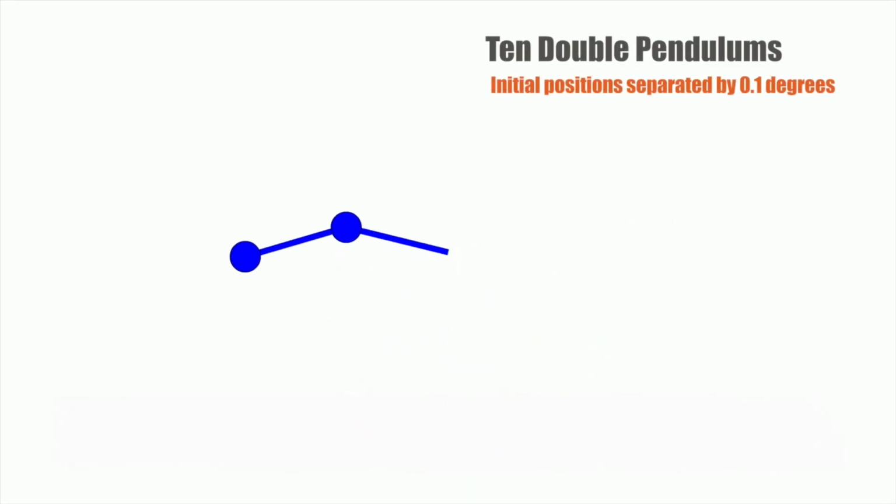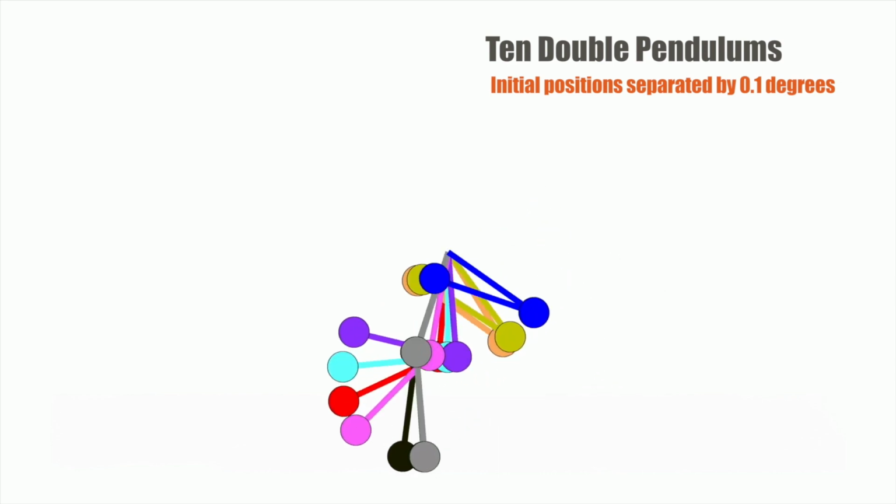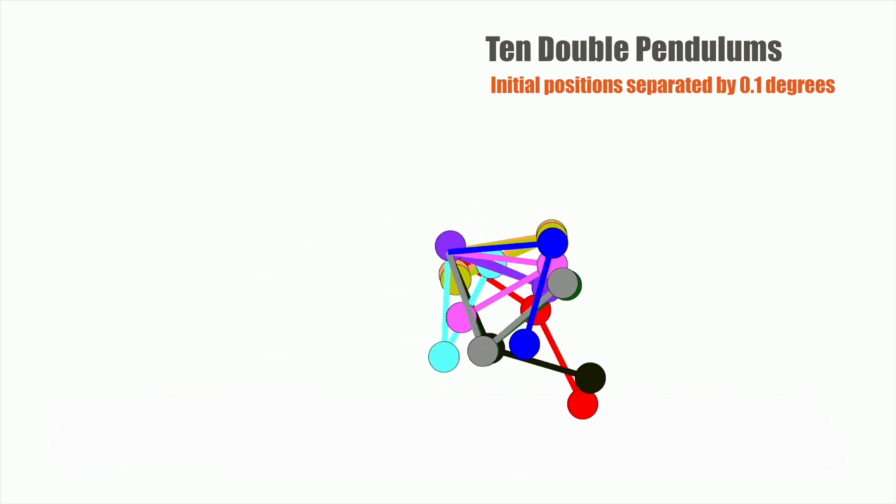This is very tiny, so when you plot them on top of each other, you can only see one of them. Let's see what happens when you plot them all together. Here we can only see one double pendulum, but at some point we'll see how all the 10 pendulums unfold.